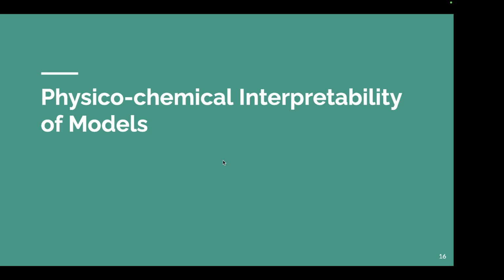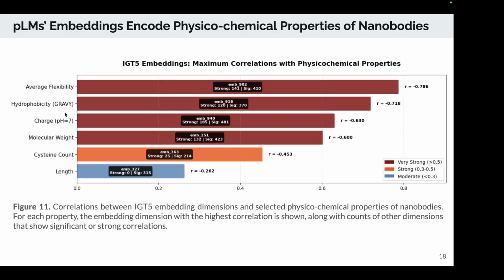I also tried to add some physicochemical properties like length of the antibody, its charge, hydrophobicity, average flexibility, molecular weight, but it didn't improve the performance, so I suppose that those properties are already encoded in the language model's embeddings. And it turns out that yes, I was able to identify specific embedding dimensions which highly correlate to those properties. So they are pretty much encoded there, and it offers some degree of interpretability to the model.